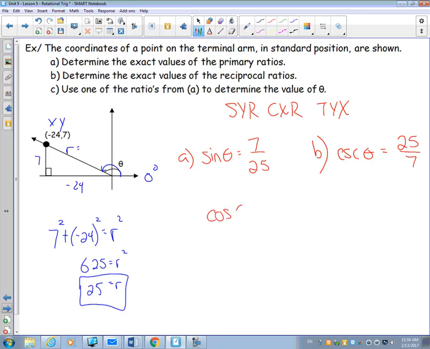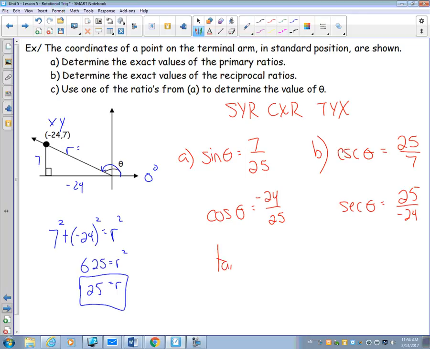Cos is x over r, so negative 24 over 25, and yes, it's possible to get negatives now. Cos goes with secant, r over x, so 25 over negative 24. Now negatives can go top, bottom, or in front, but the fact is you need to have one negative in that ratio.